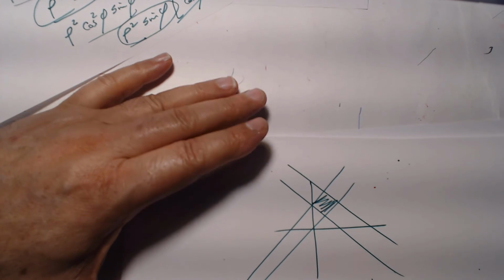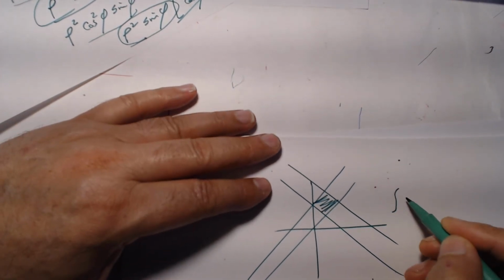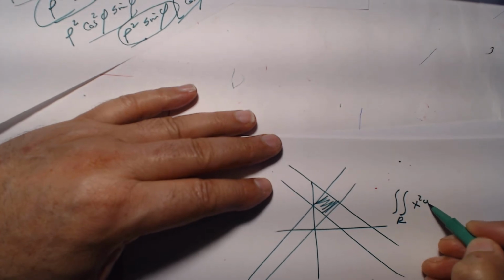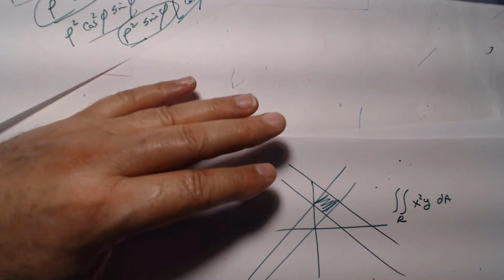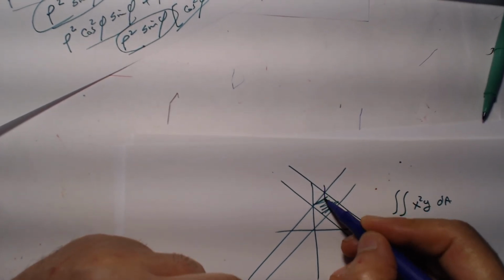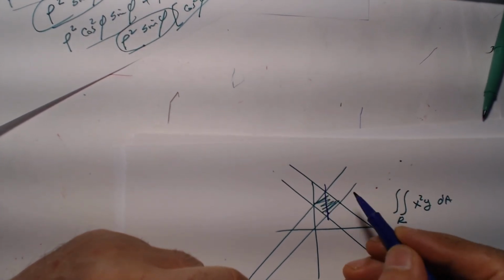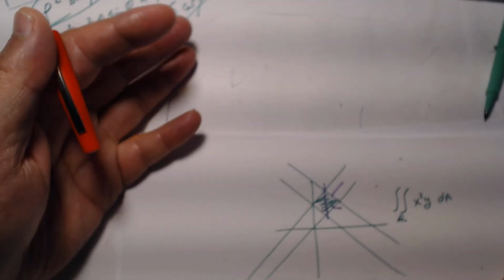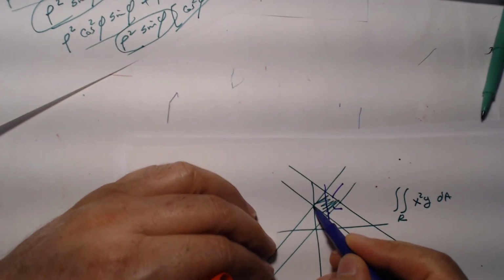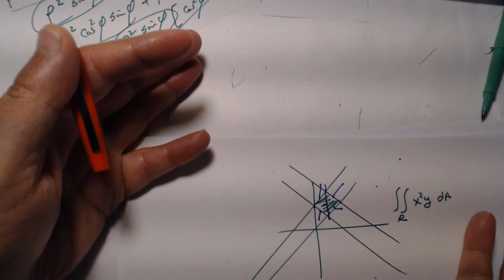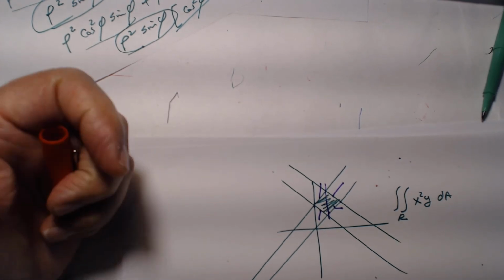If I want to integrate over it, maybe I have a double integral, that's my region, and I want to integrate x squared y over that area. Number 1, that region, you have to cut it in half, because from here to here, this line is above and this line is below. And from here to here, this line is above and this line is below. These are 4 different lines.